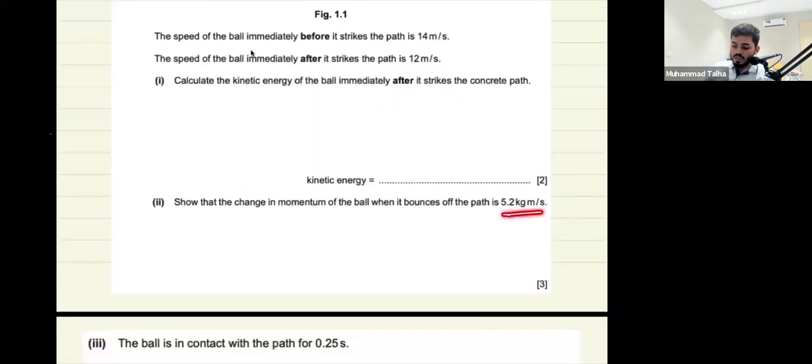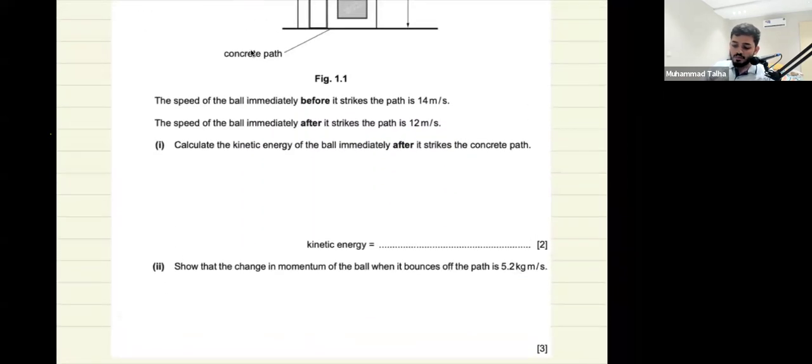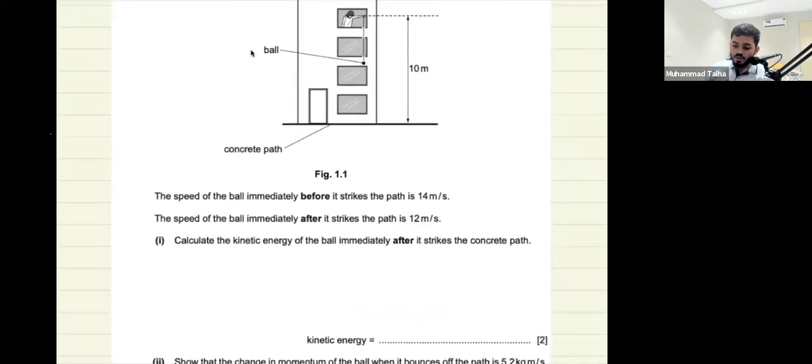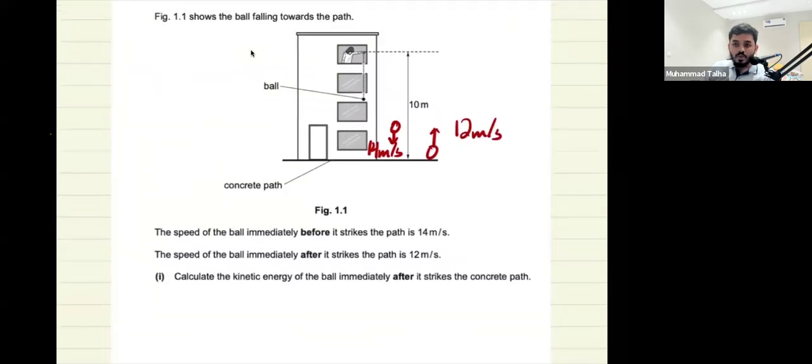This is what I'm more interested in, the change in momentum. So before, when it was about to strike, it was moving down with 14 meters per second. And then it rebounds with 12 meters per second, right? When finding changes in momentum, whenever you have a change in direction, you use the sign convention. So let's say I take vectors in the upward direction as positive, vectors in the downward direction as negative.